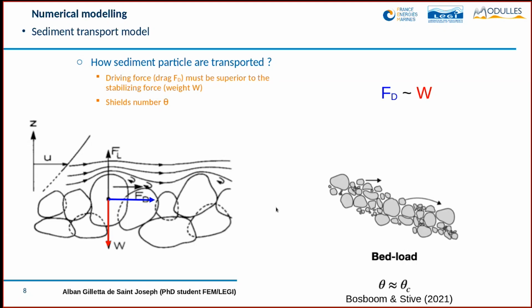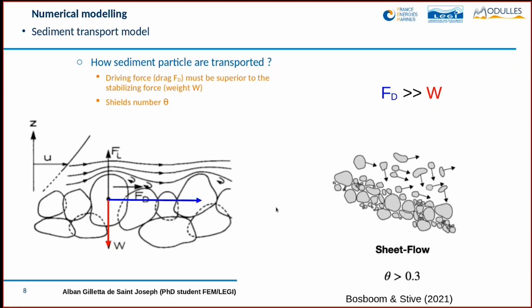If the drag force here in blue and the weight force are equivalent to each other, there is a slight movement, and sediment transport only happens as bed load. The bed load is only the sediment that is transported just above the bed. It happens at a certain Shields number, which we call the critical Shields number.